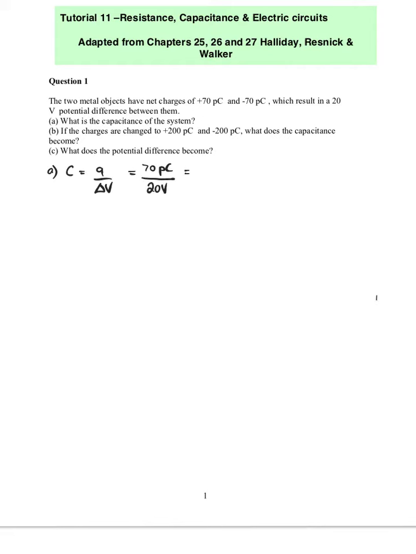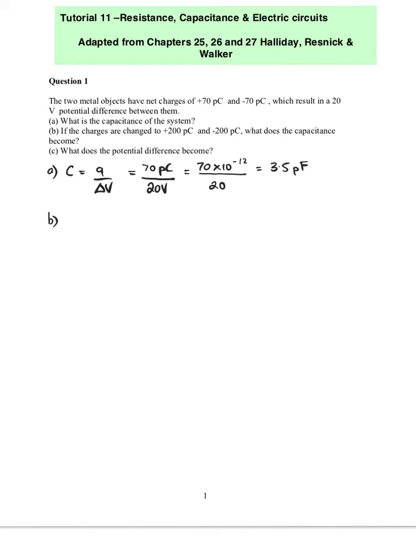Pico is 10 to the minus 12, so we have 70 by 10 to the minus 12 divided by 20. That gives us 3.5 picofarads. Great, quite easy to answer.